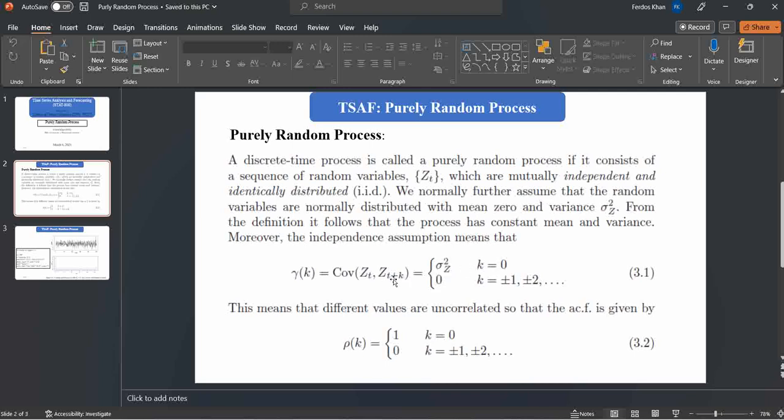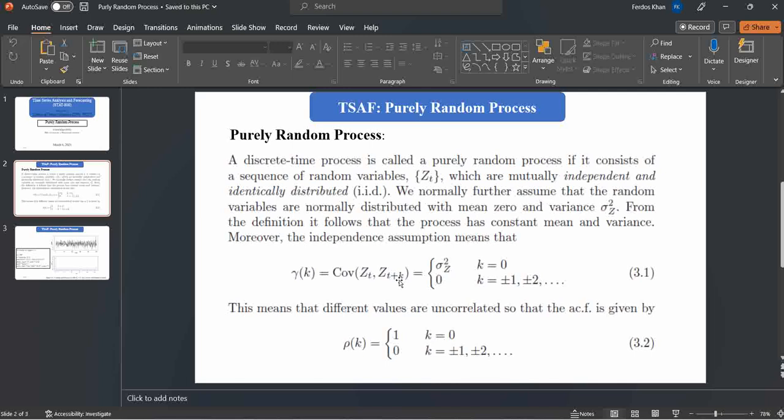Let's suppose k equals 0, then this is the covariance between zt and zt. Remember that when you are calculating the covariance, you are calculating the variation of the two variables zt and zt plus k. But if k equals 0, both variables are the same, zt and zt.